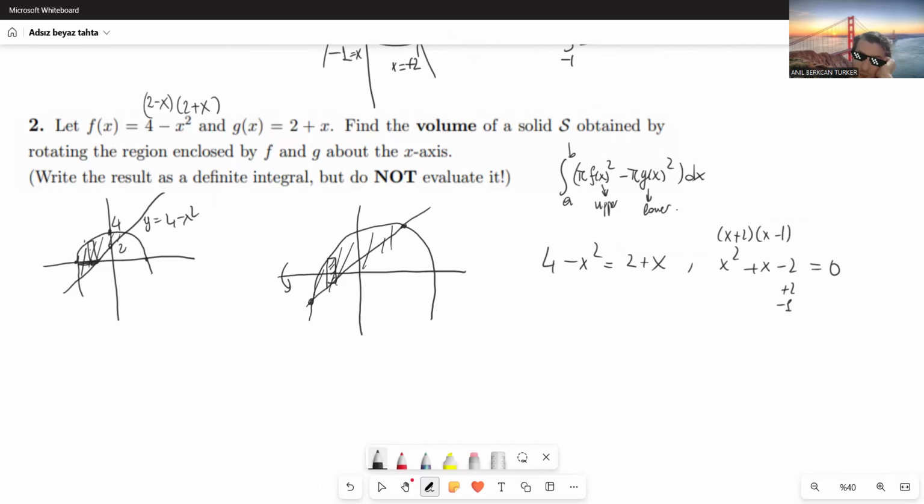So it's minus 2, and this is 1. My integral is from minus 2 to 1. Let me take this pi in front. What is the upper part? The upper part is this inverse parabola, squared, minus this lower line, squared, dx.